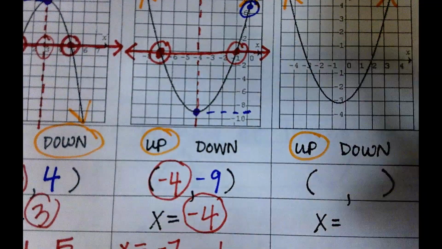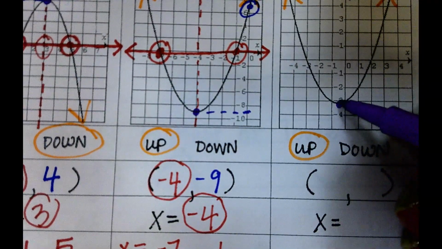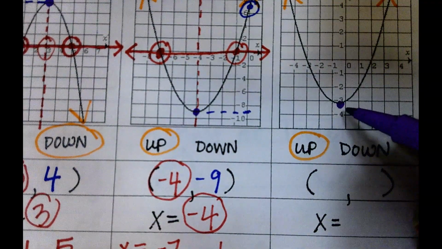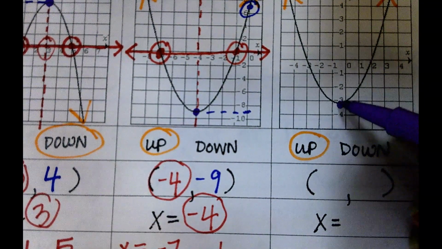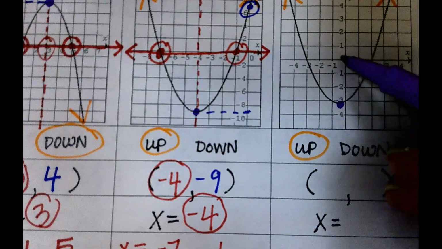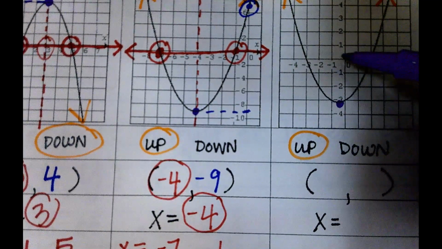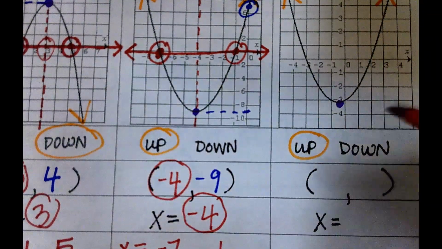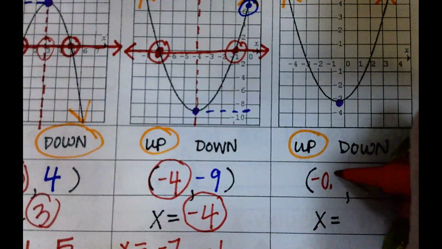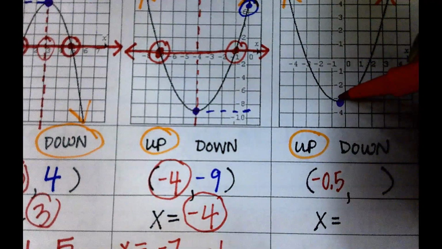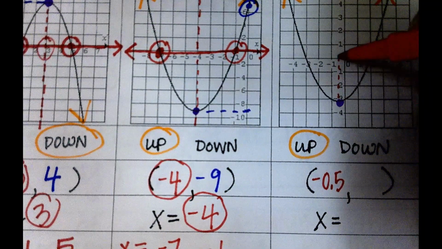Let's do our best. Where does this point line up with the x-axis? -0.5. Yeah, it's like halfway between 0 and -1. So about -0.5. We can see that it lines up right there.